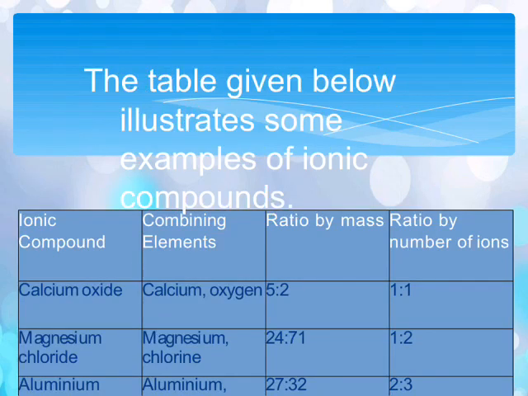So Mg is 1 and Cl is 2, so the ratio by number of ions will be 1:2. The mass of magnesium is 24 and Cl is 35.5 times 2, that comes to 71. So 24:71. This is how we have calculated the ratio by mass.